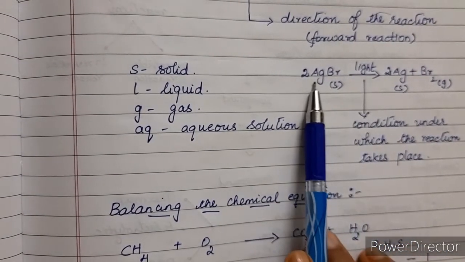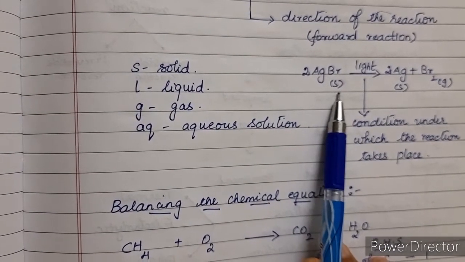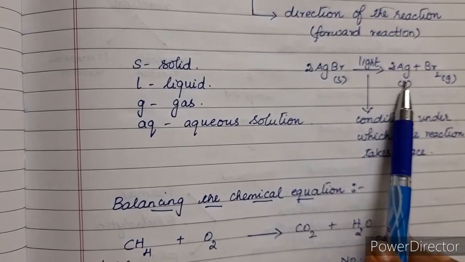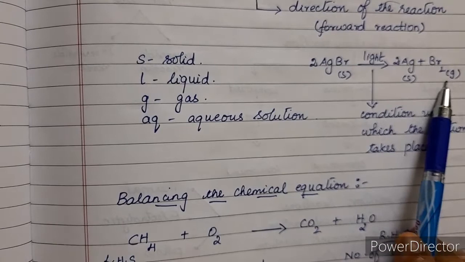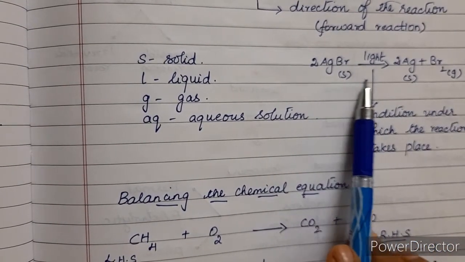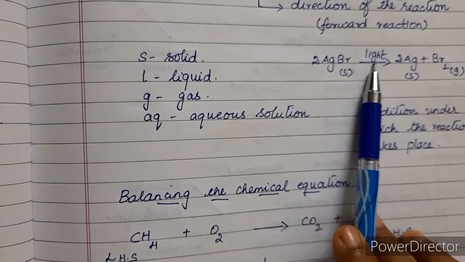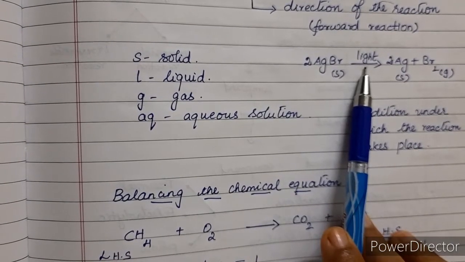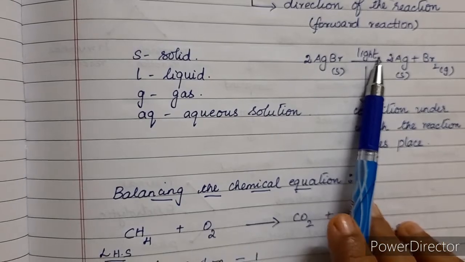Here silver bromide is in the solid state, the metallic silver is in the solid state, and the bromine is in the gaseous state. So the physical state of the reaction should be mentioned, and the condition under which the reaction takes place should also be mentioned in a chemical reaction. And here the condition is the presence of sunlight.